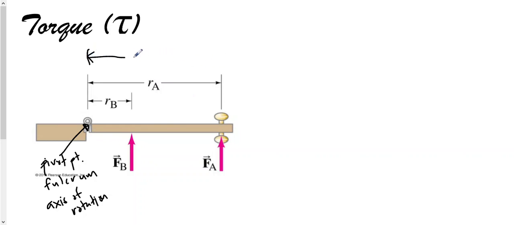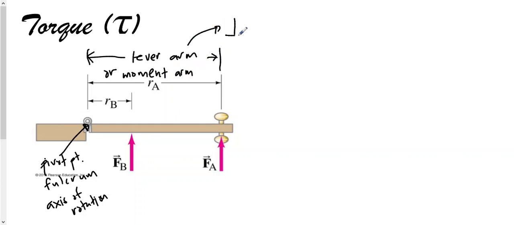This length is called the lever arm or moment arm, which is technically the displacement. That's the perpendicular displacement from the pivot point, or from the fulcrum, where the force is acted.